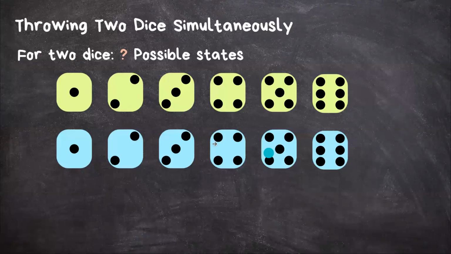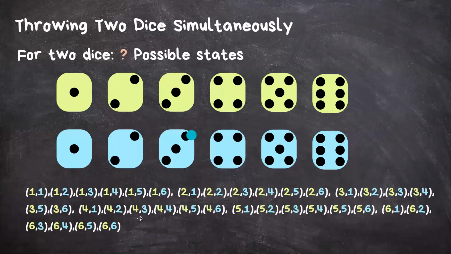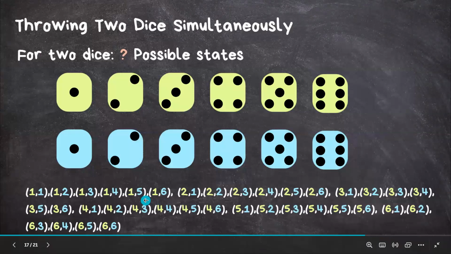Like this, when you list down the total possibilities that you would get when you're throwing the dice simultaneously, these are the total possibilities or the possible states that you get. And what we've done here is that we've basically represented each state of the coin as an ordered pair. So if you, for instance, look at the first ordered pair, what does it tell you?